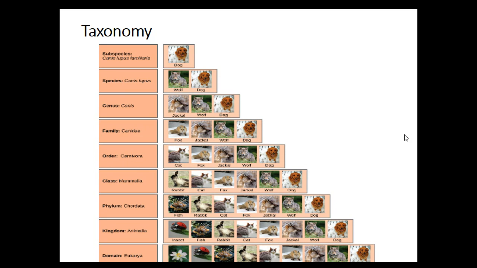Within the mammals, there's an order Carnivora. Carnivorous, mostly predators eating animals. The cat family, the dog family, and so on. But it does not include rabbits. Rabbits are not carnivores.